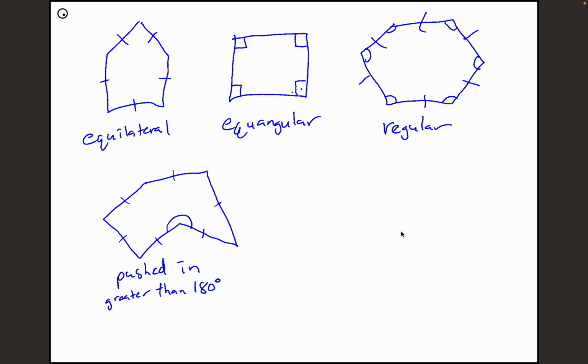The interior angle, that one angle is greater than 180 degrees. If there's at least one angle that's greater than 180 degrees, this is called concave. Okay, concave. If at least one angle is pushed in, and that angle is greater than 180 degrees, it is concave.